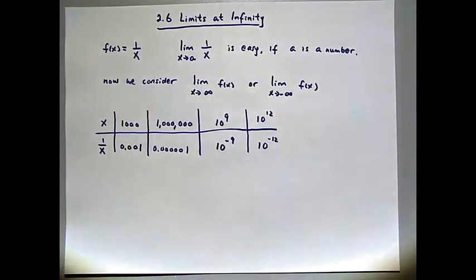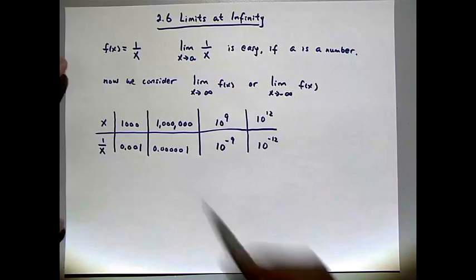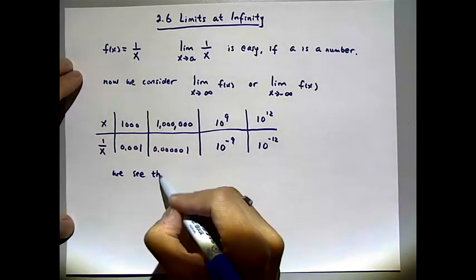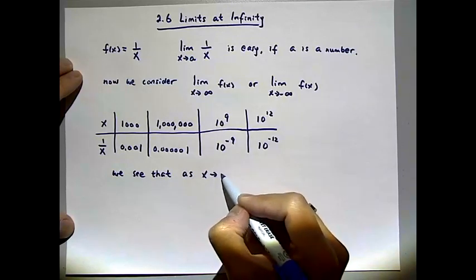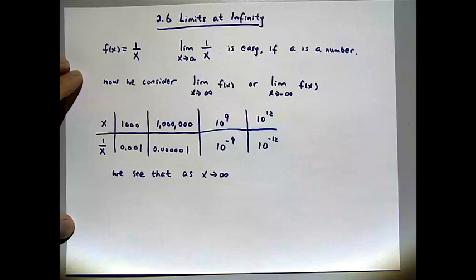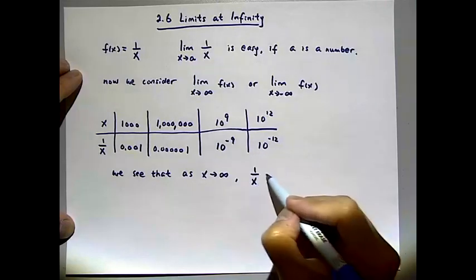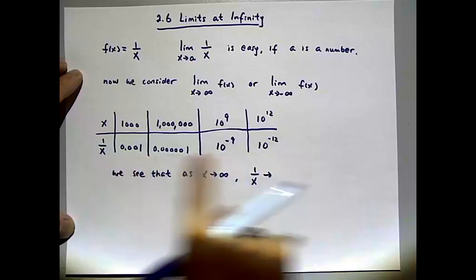So these numbers get progressively smaller when I make x larger and larger. As x becomes a large number, think of infinity as a very large number, we see that 1 over x becomes a very small number.